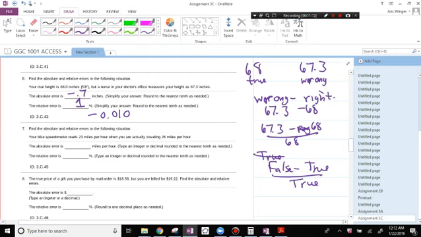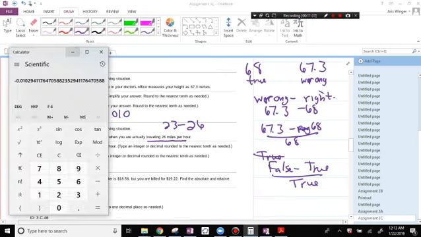Your bike speedometer reads 23 miles per hour when you're actually traveling at 26 miles per hour. So you are 3 miles per hour lower than what the truth is. That's what the speedometer is reading. And the relative error is going to be 23 minus 26 all over 26.